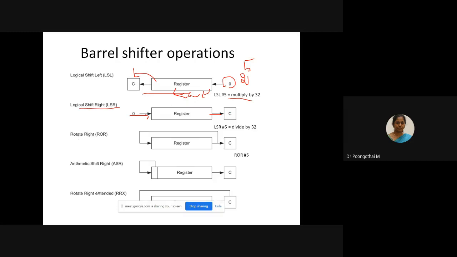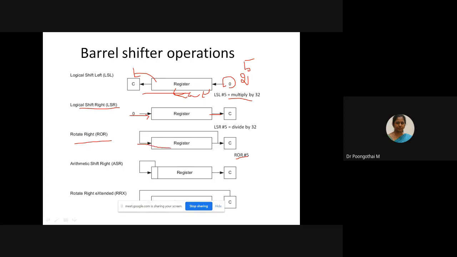And the next one is the rotate right instruction. The objective of the rotate instruction is to manipulate the bits in a register without destroying those bits. Rotate right, ROR, is used to rotate each bit of the register by a specified amount, ROR #5.